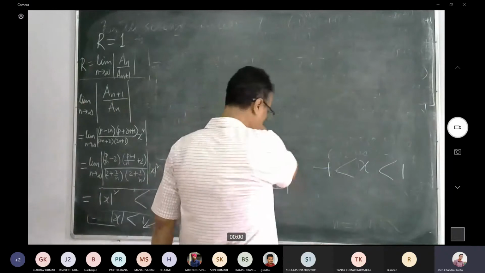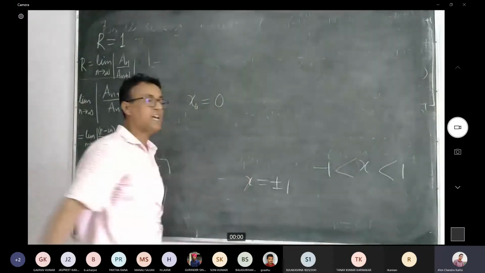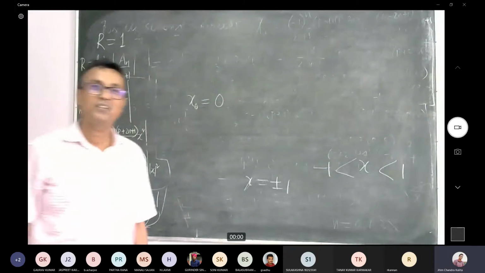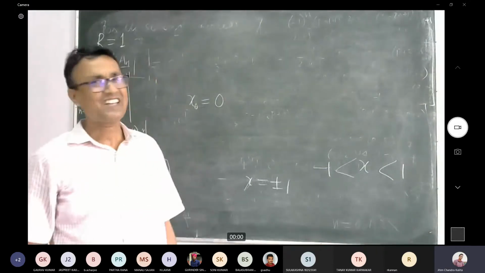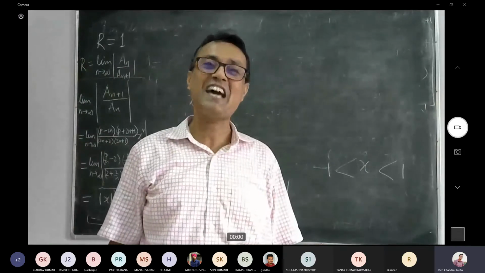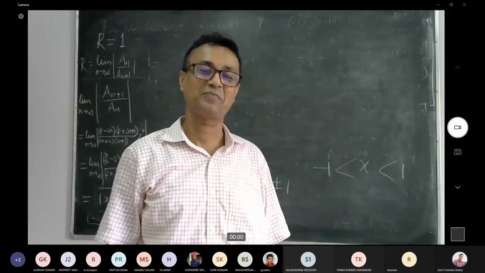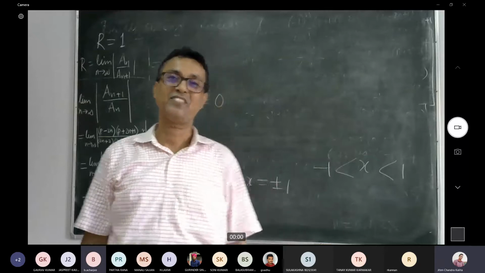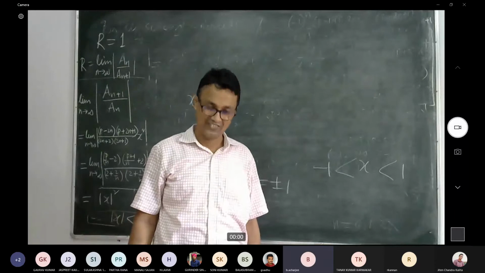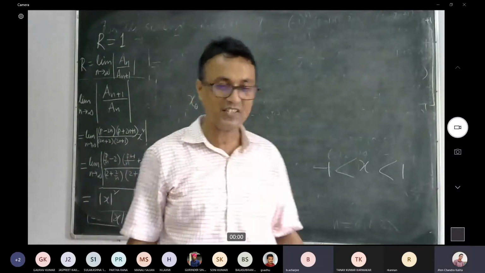And again, here the series was about x not equal to 0. Okay. So does it give you some idea about the length of the radius? It is the distance to the nearest singular point. Okay, this is the nearest one.